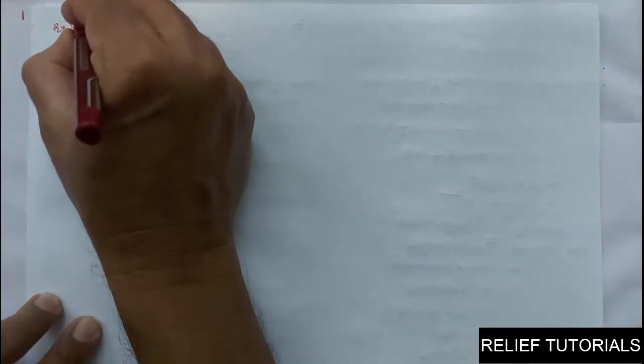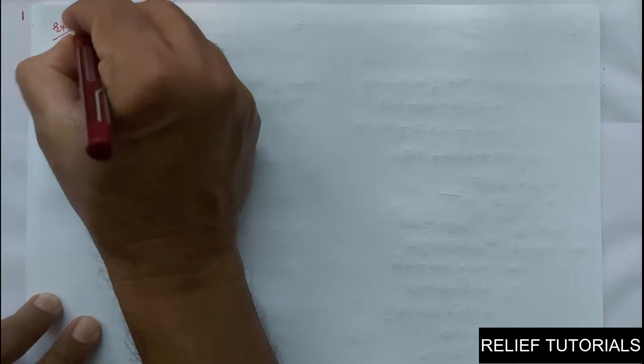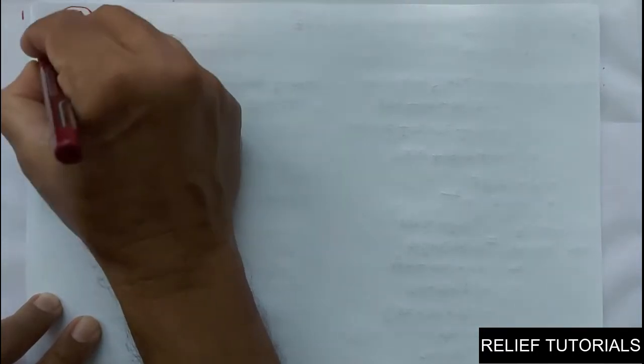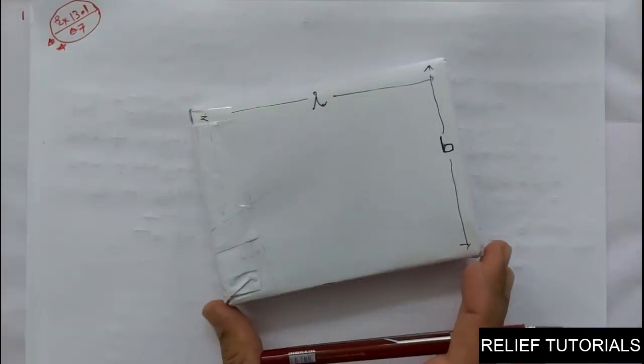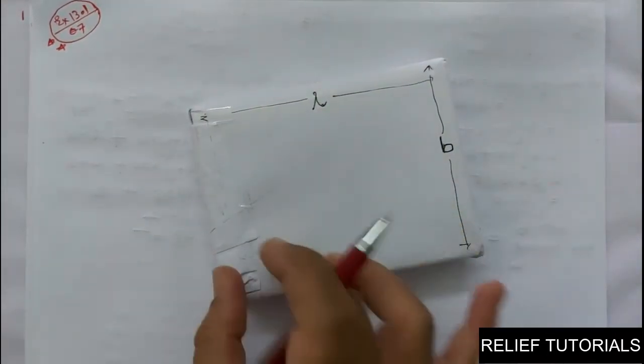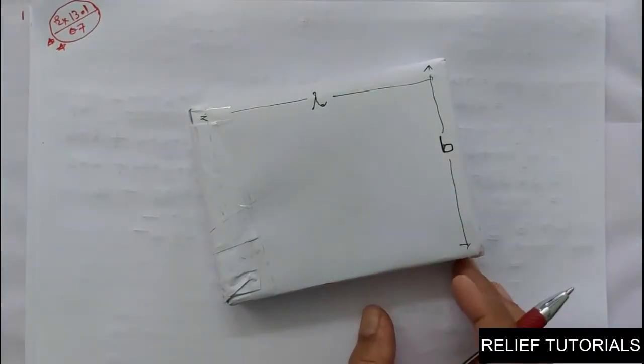Exercise 13.1, question number 7. See, read this question. It is a little bit important. Shanti Sweet Stall was placing an order for making cardboard boxes for packing their sweets.